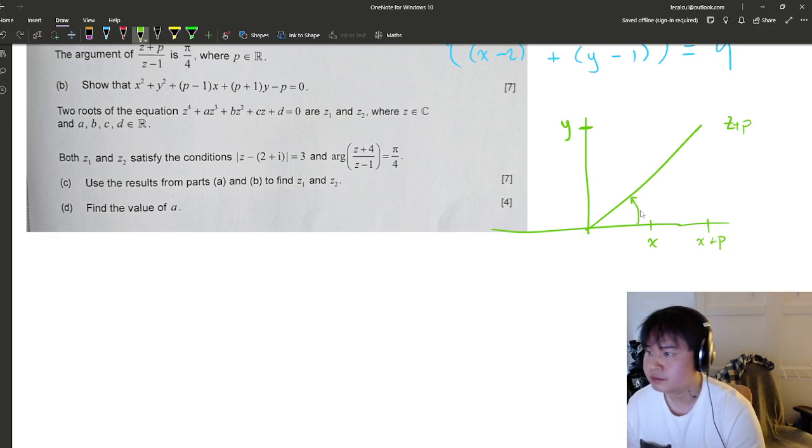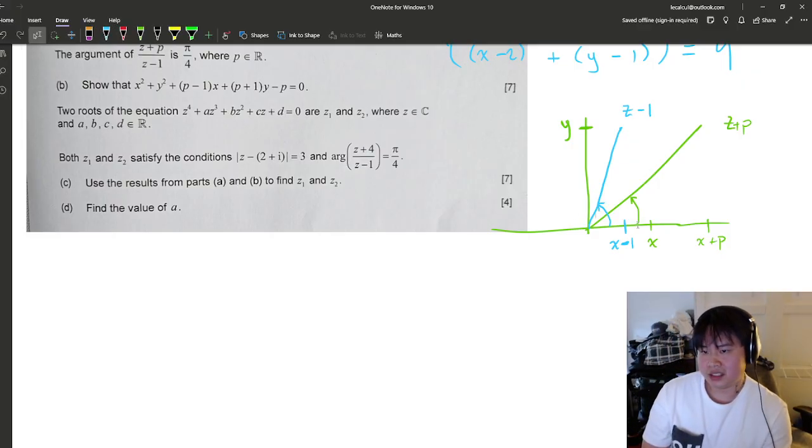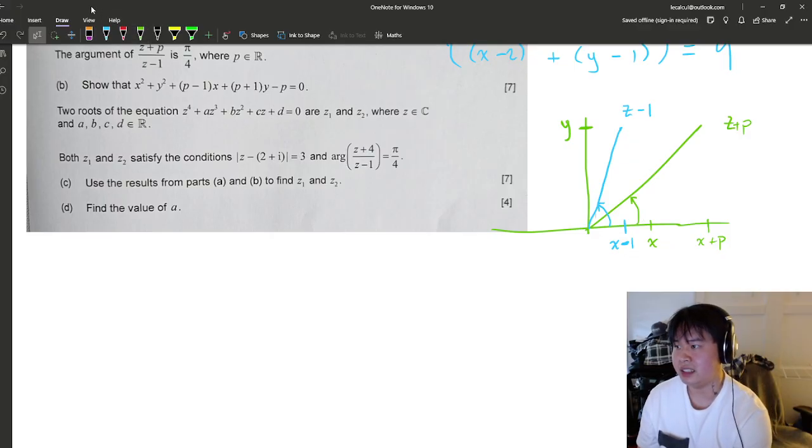And then z minus 1. So maybe like here. And then they're essentially saying that this one minus this one is like pi over 4.